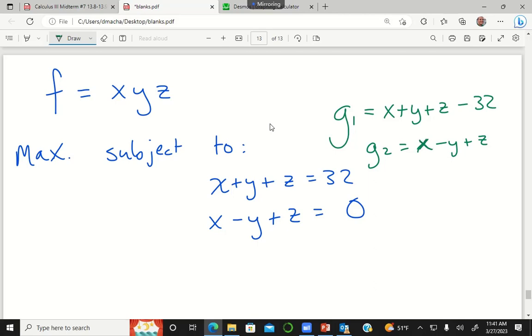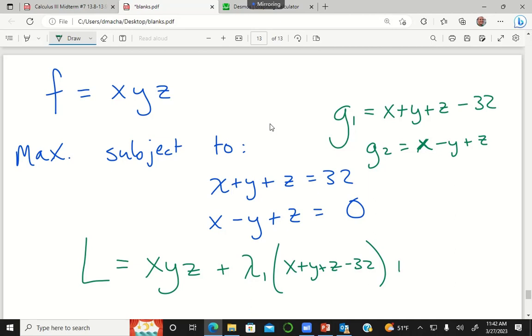And so my new Lagrange function is going to be xyz plus lambda 1 times (x plus y plus z minus 32) plus lambda 2 times (x minus y plus z). Okay? Makes sense? You get 2 Lagrange multipliers because we've got 2 constraint equations.